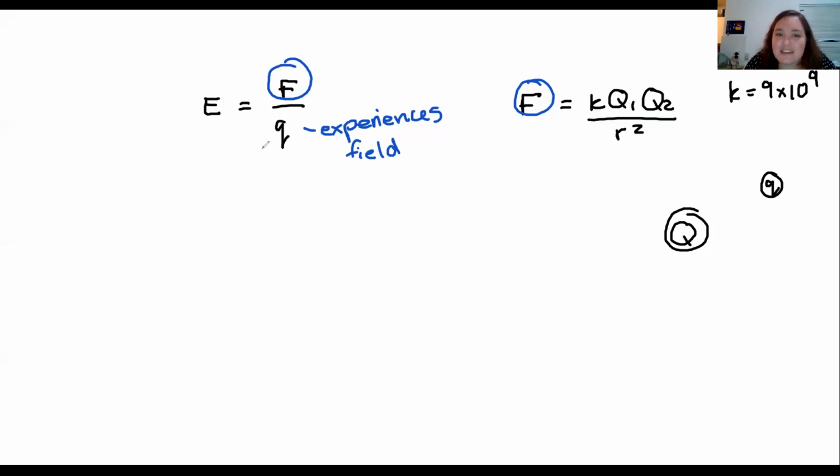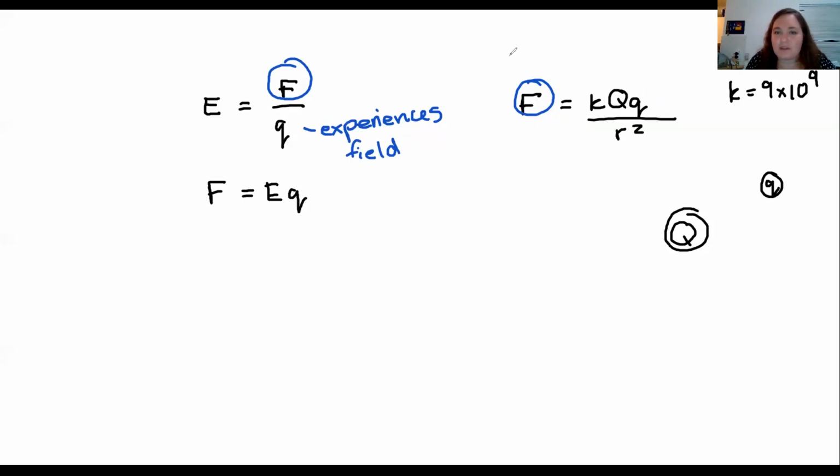Okay, so this is the q that experiences the field. So if I now change this around and say, you know what, there are two charges, one creates and one experiences, so let's call them a big Q and a little q. Now we're going to equate these two, but I'm going to start off by rearranging the equation, so that F is equal to E times q.